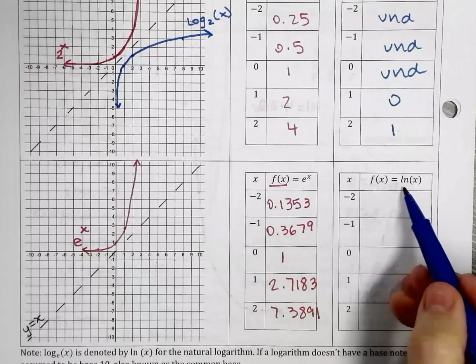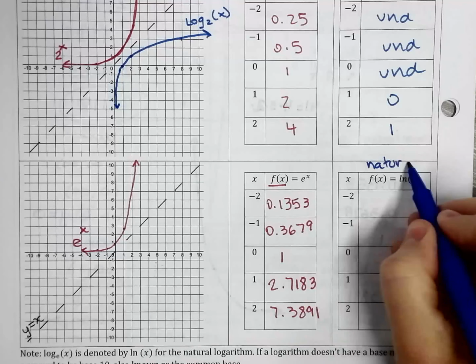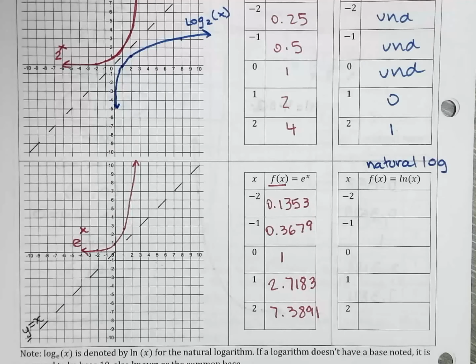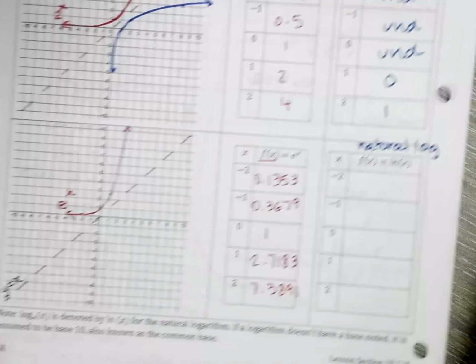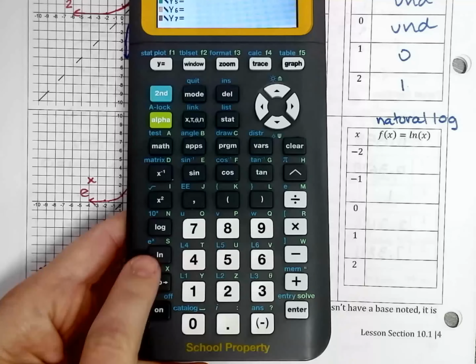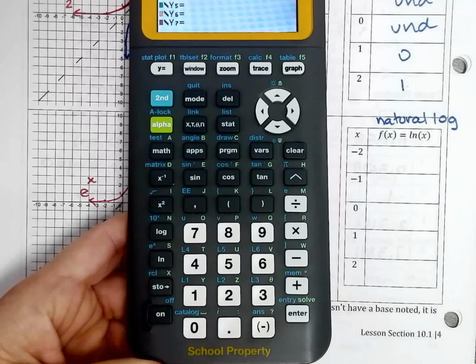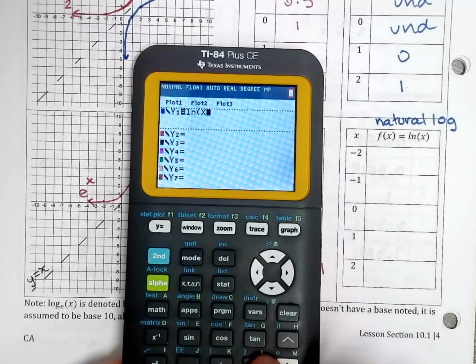And now this one, you read natural log. This is not "in". Don't tell me "in". It's natural log, and that key is right here on your calculator. Natural log of x.